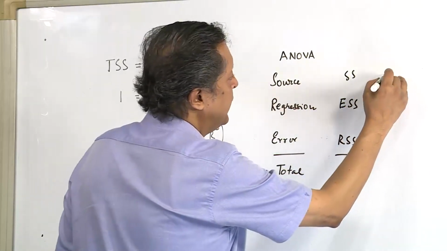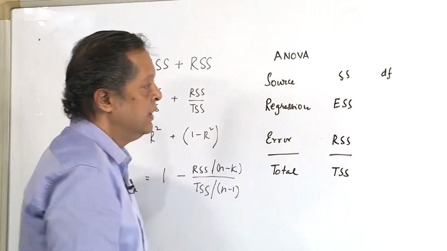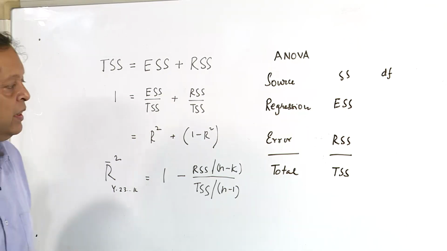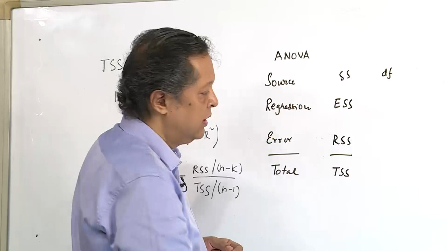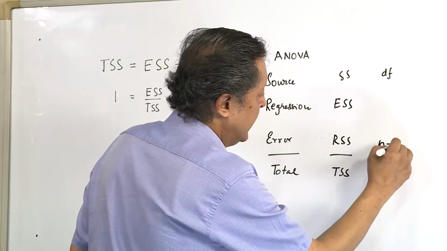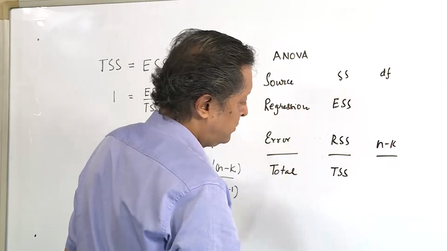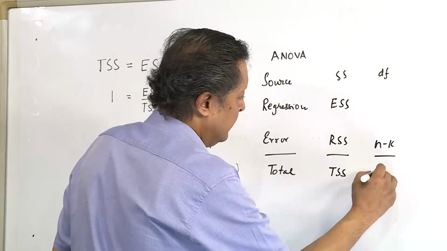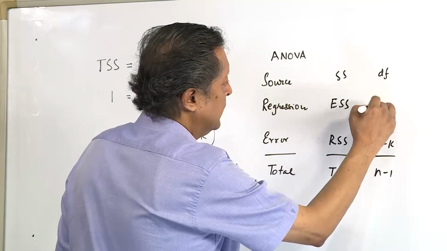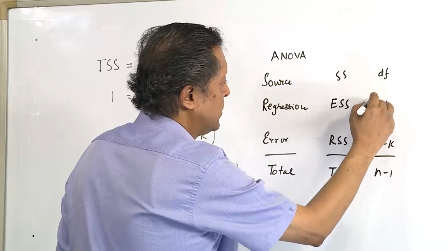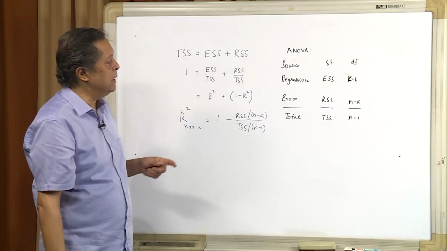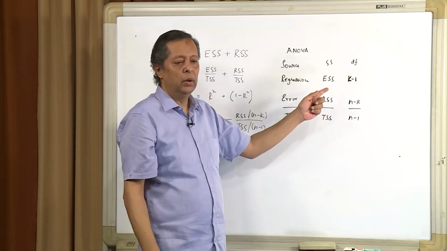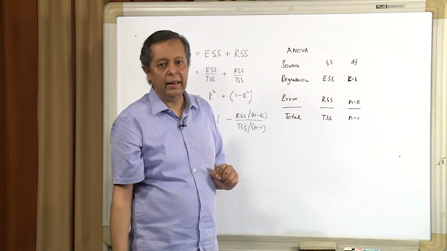What are the degrees of freedom? Since we have k parameters beta 1 through beta k to estimate, RSS has n minus k degrees of freedom, and here we have n minus 1, and the degrees of freedom of explained sum of squares is k minus 1. There are actually k minus 1 slopes, beta 2, beta 3 up to beta k.